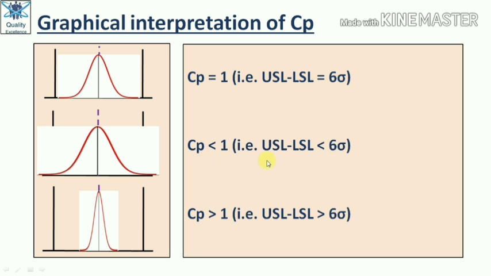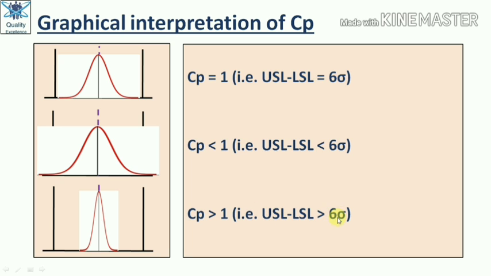In the third case, you can see here that USL minus LSL is much greater than the width of our process. What does it mean? The numerator is on the higher side and the denominator is less.